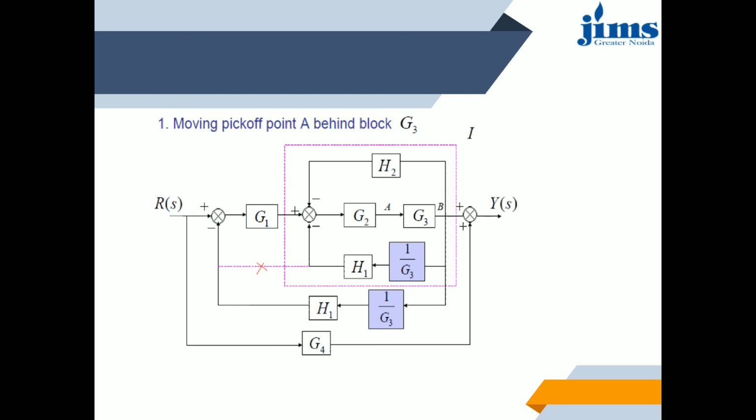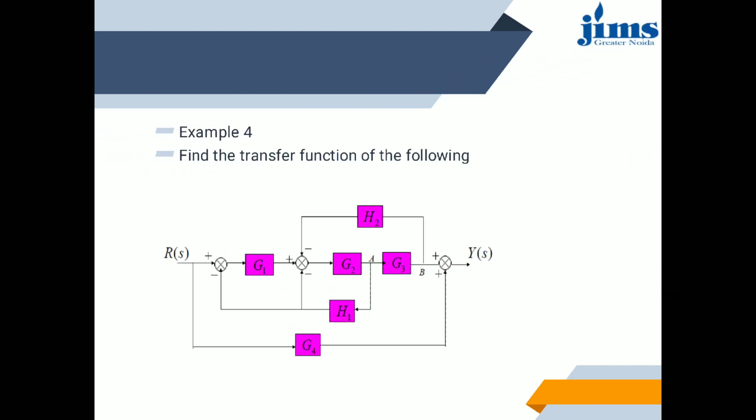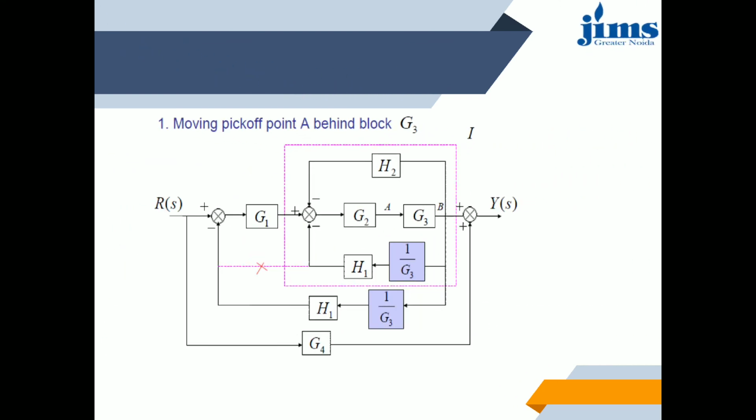So we'll move this takeoff point behind the block. You may see when you move this takeoff point behind the block, we'll move the point A to point B. So we have the reciprocal of G3 added in the feedback.